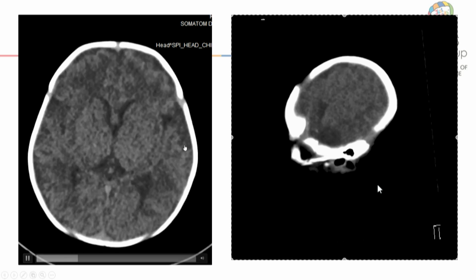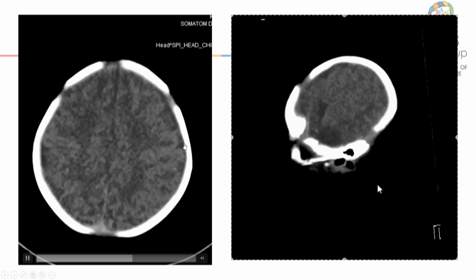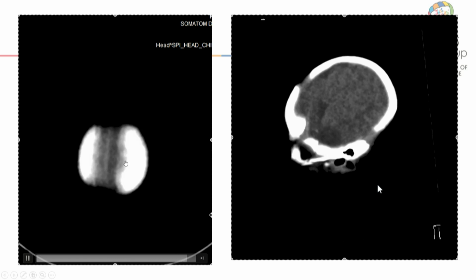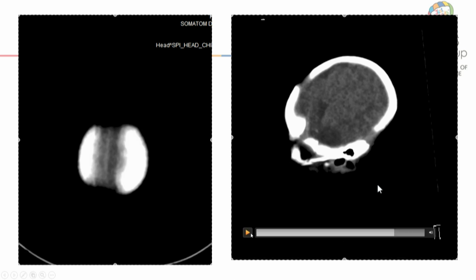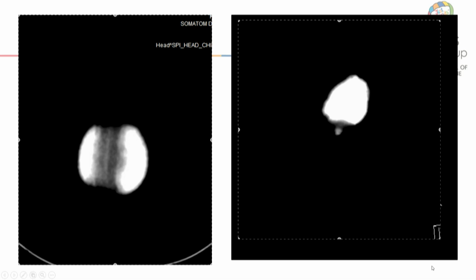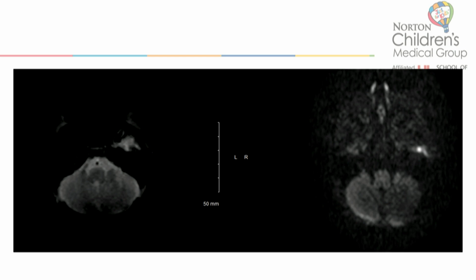Sorry. Anybody, anything jump out at you? Okay, well, we'll just go on. So see, it's hard to tell pathology on head CT, right? Moral of the story.